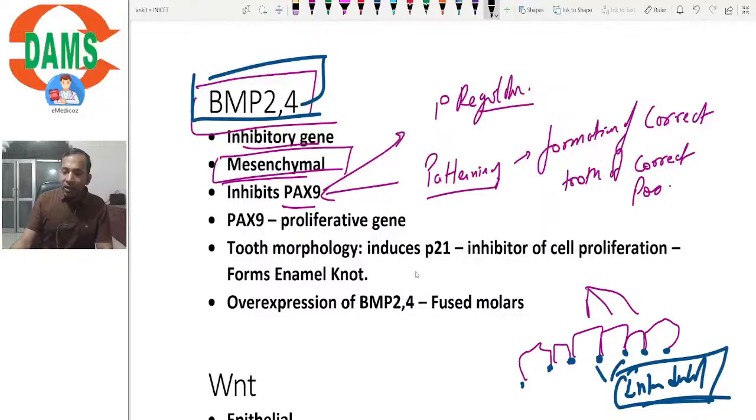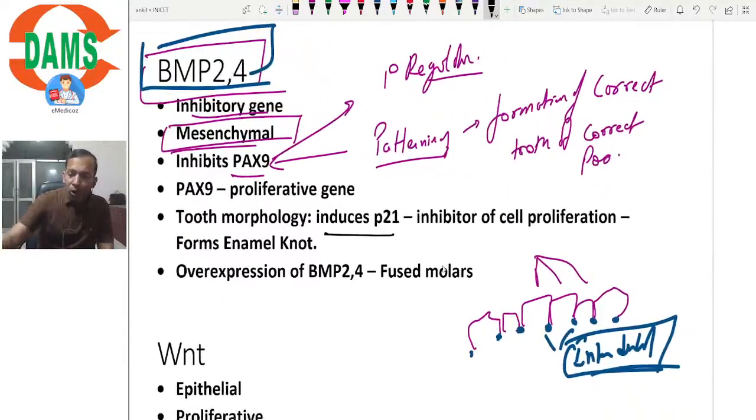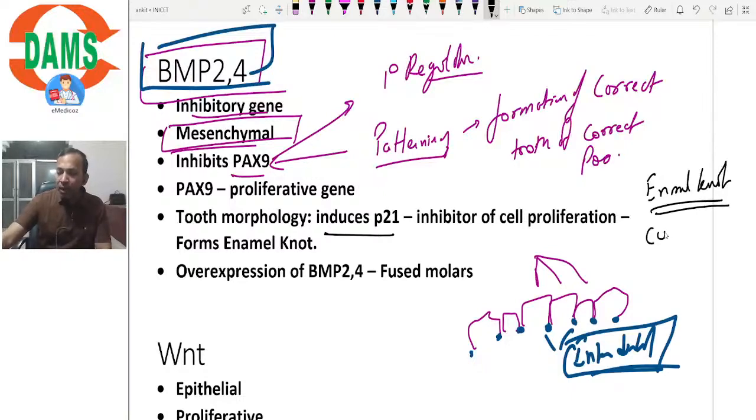Tooth morphology induces P21. So P21 क्या होगा? P21 is the inhibitor of cell proliferation, and P21 leads to formation of enamel knot. So enamel knot क्या होगा? Tooth morphology decide करता है. I don't know whether you have read it or not, but enamel knot is also known as cuspal organizational center, right?